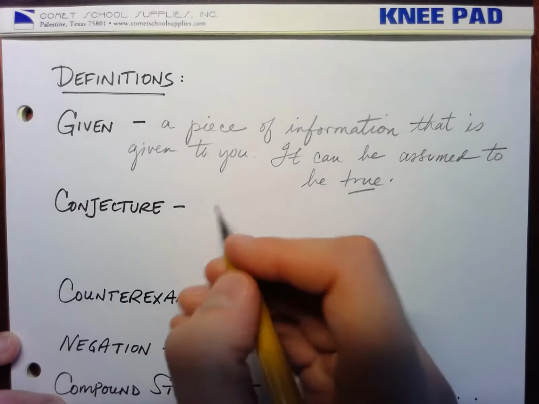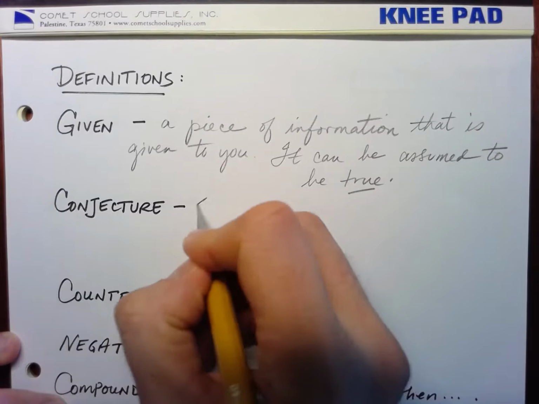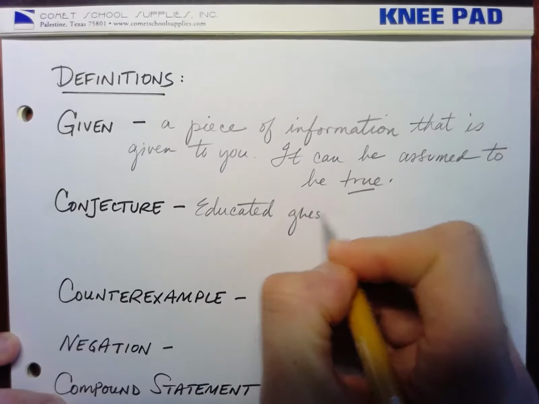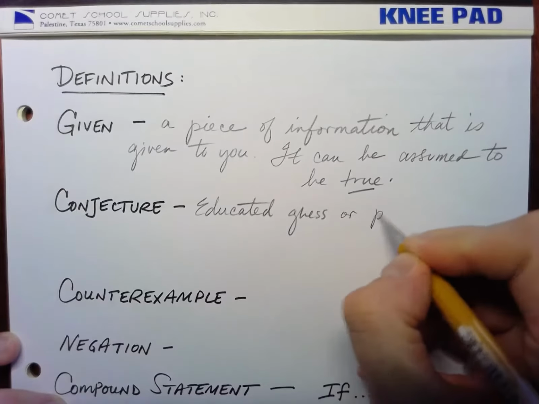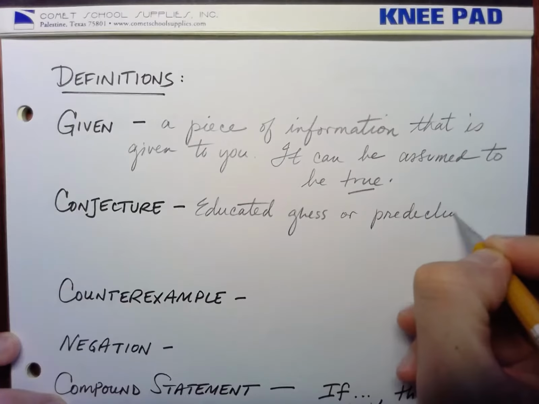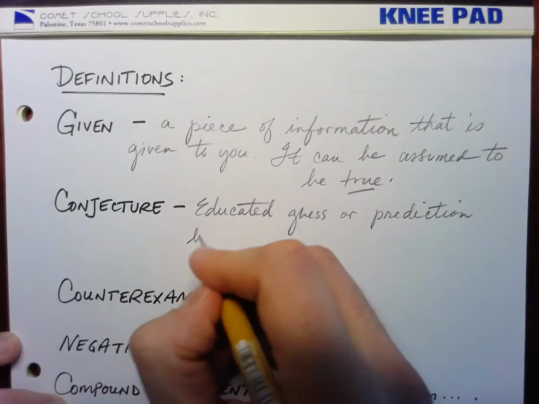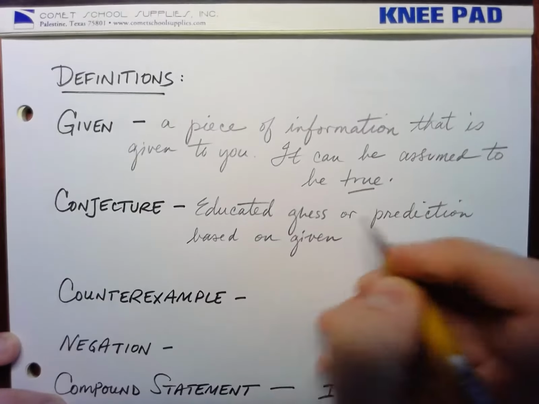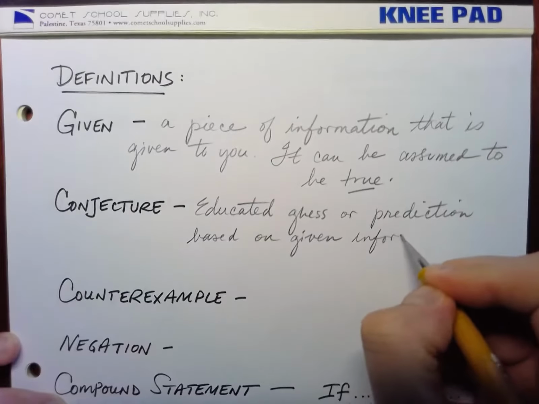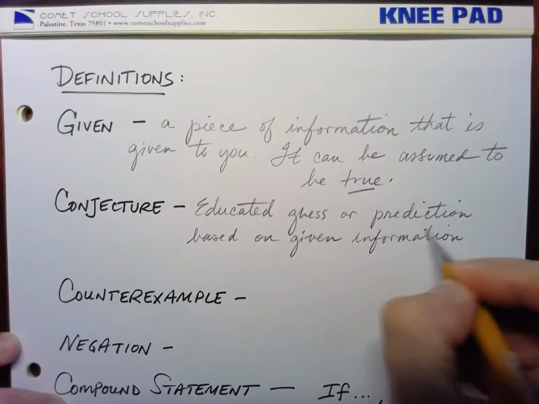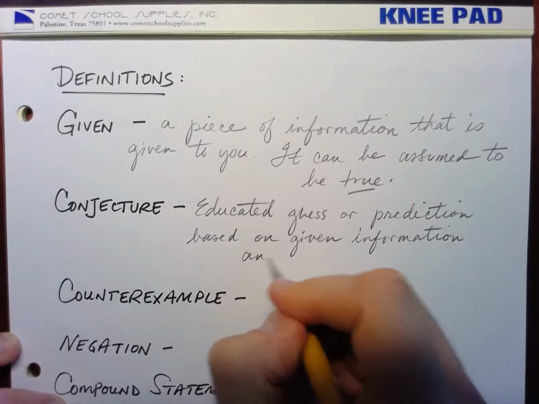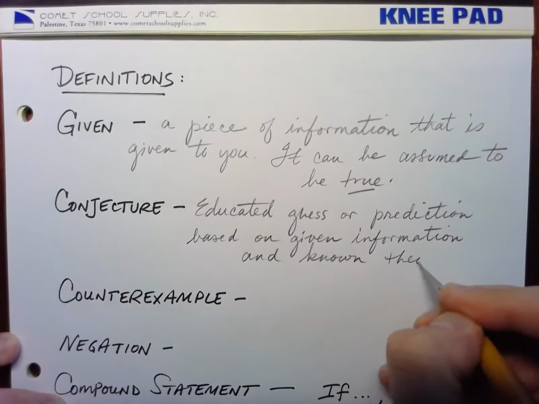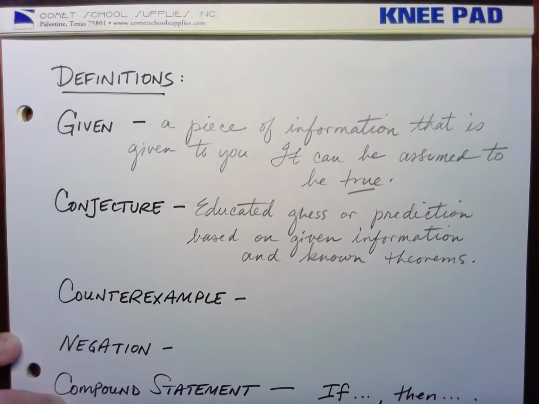A conjecture is an educated guess or prediction based on given information and known theorems.